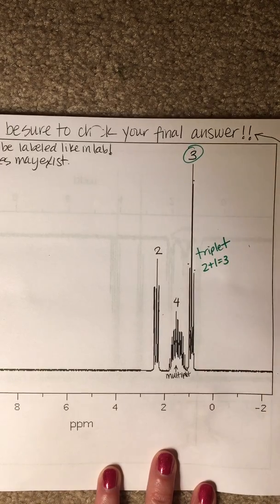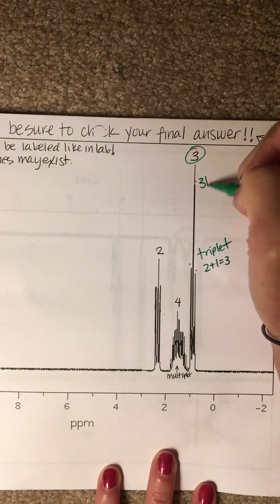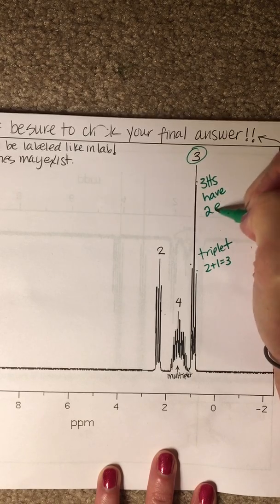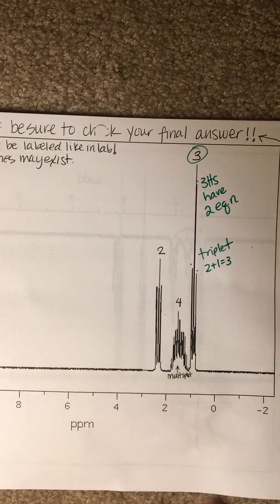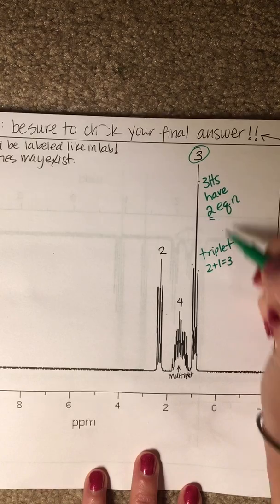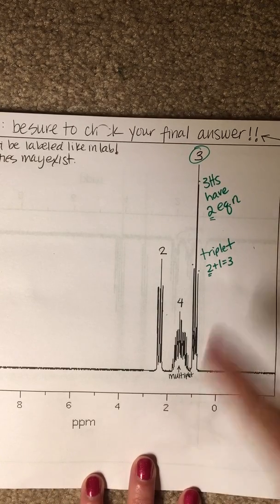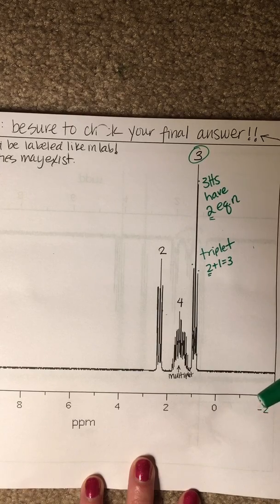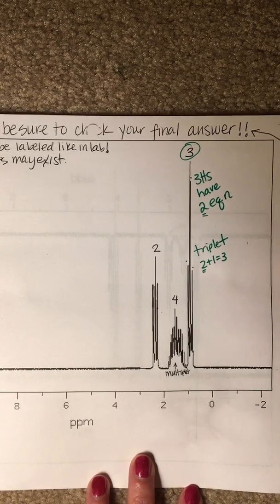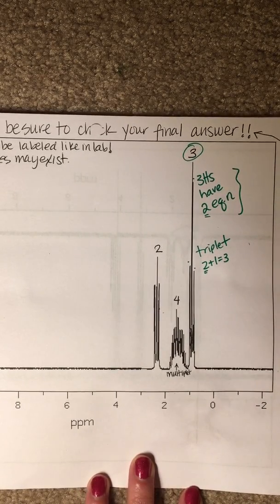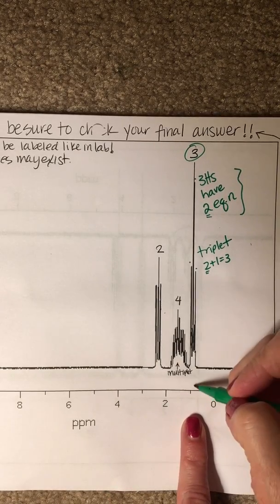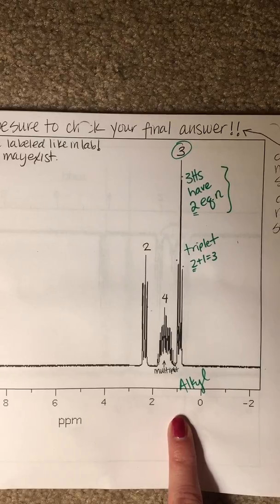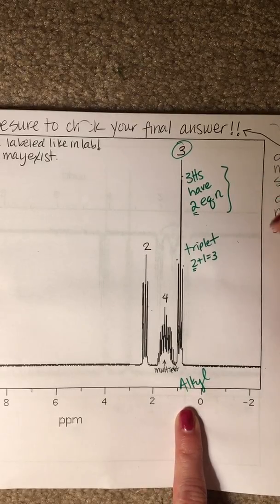So this is telling us that we have 3 hydrogens that have 2 equivalent neighbors. Okay, there's that 2. So we have a group of 3 hydrogens that have to have 2 equivalent neighbors. So if we're thinking what that might look like, and remember, we're in our alkyl area, really upfield, away from electronegative stuff, what would that look like?